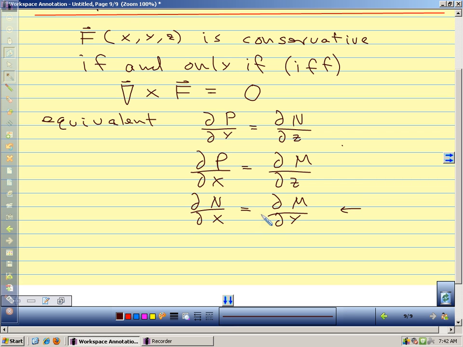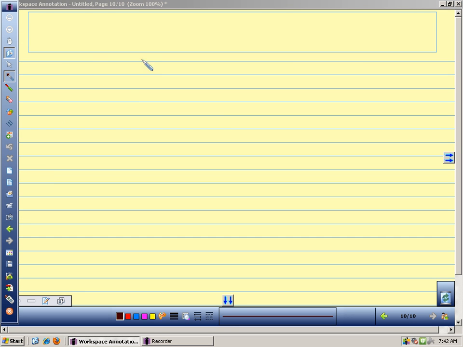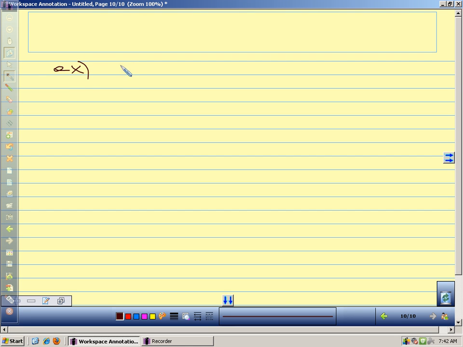So let's look at one final example. If our curl is 0, we have a conservative vector field in space. So in this example, is F conservative?